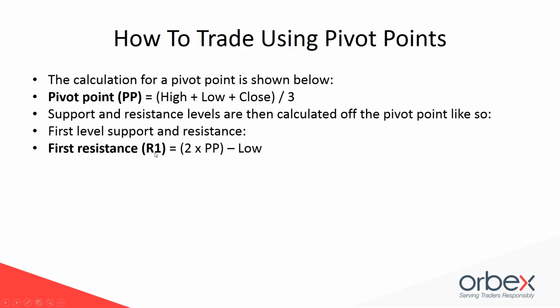You multiply the pivot point by 2, and then deduct the previous daily low from that price. So if the pivot is 1 and the low is 0.5, 2 times 1 minus 0.5 gives you 1.5. That's the first resistance area we will be watching for action.